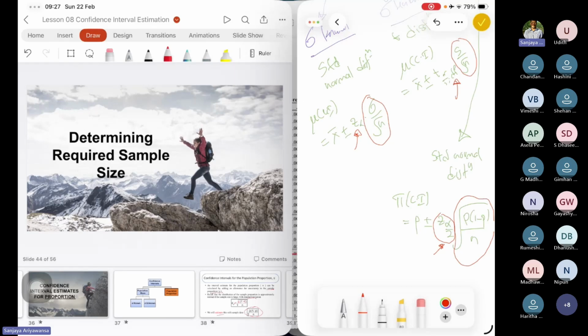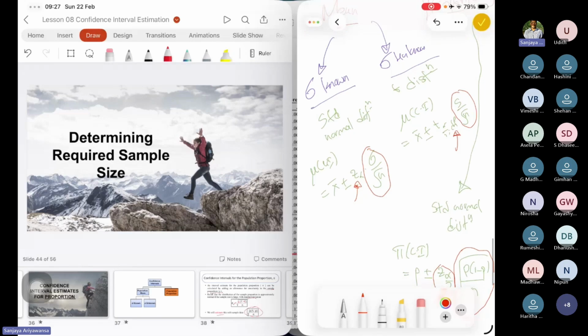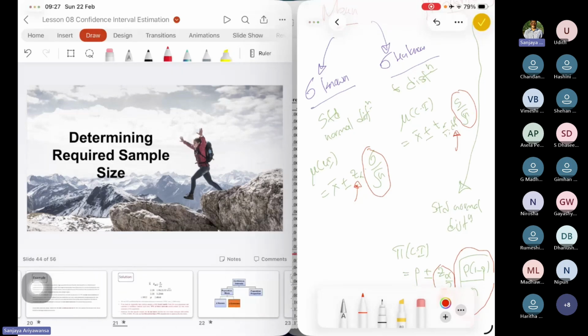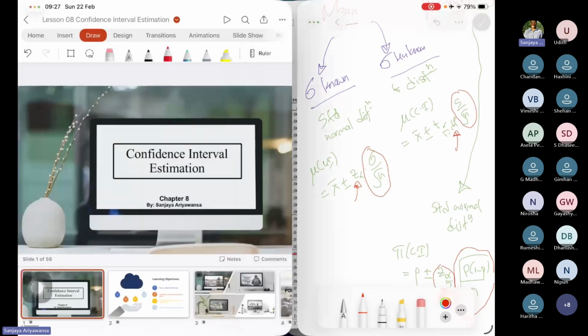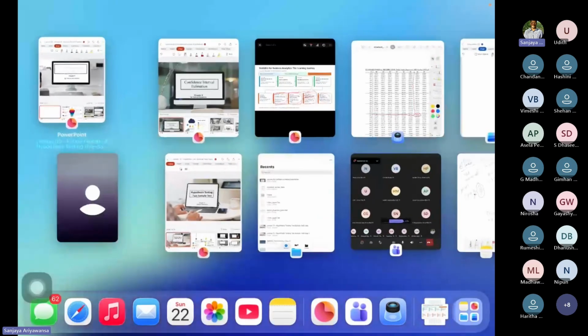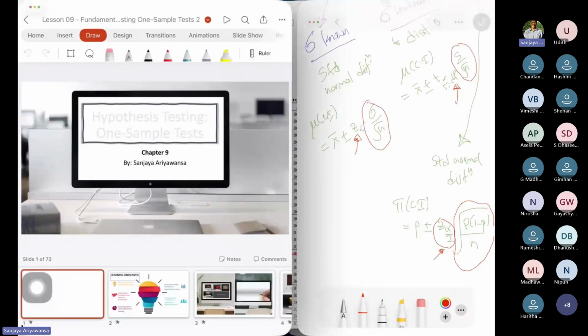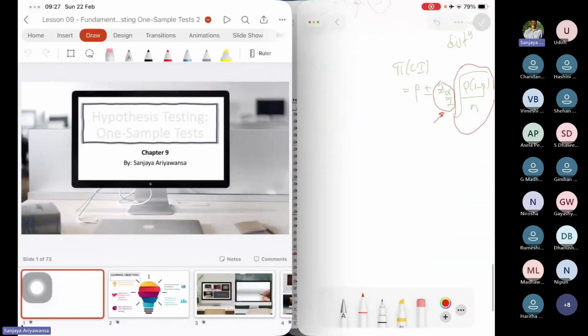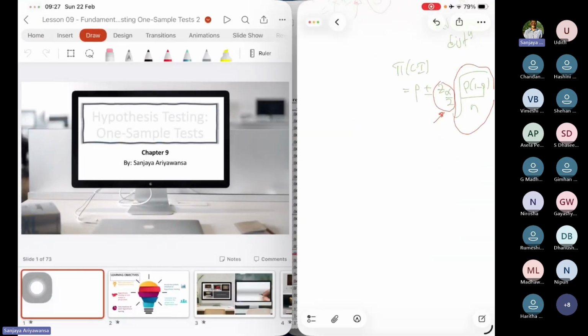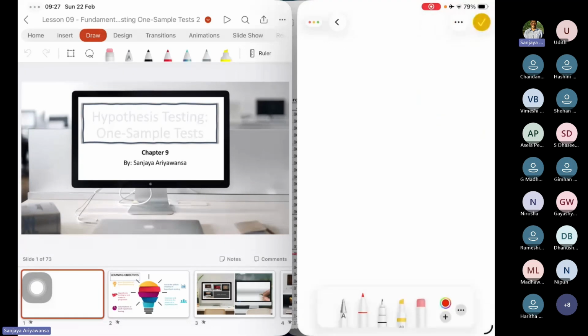So that brings us to an end of our eighth lesson, confidence interval estimation. From this, we go into a very important lesson, which is hypothesis testing.